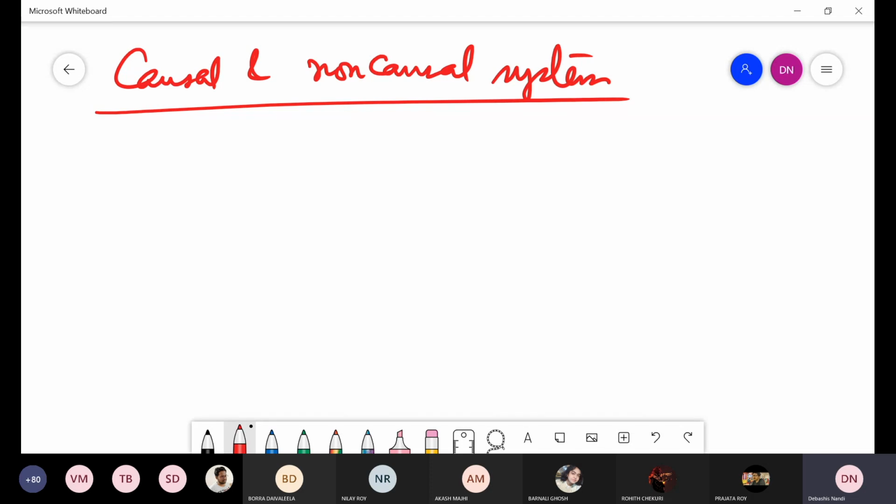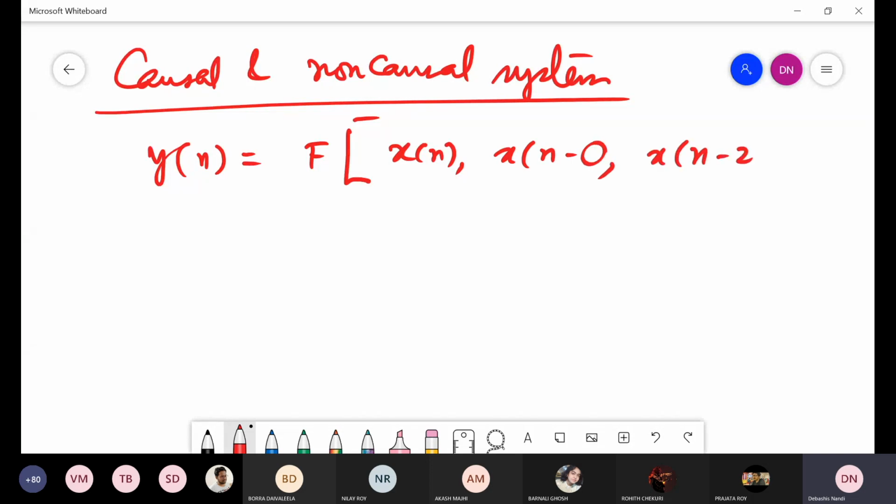So for a causal system, output y[n] can be written as a function of x[n], x[n minus 1], x[n minus 2], up to x[n minus M], suppose. Okay. This is for a causal system.